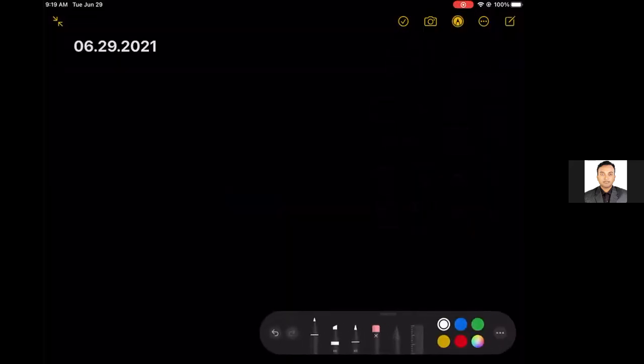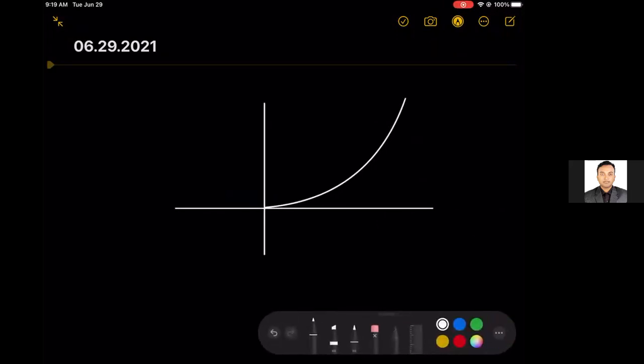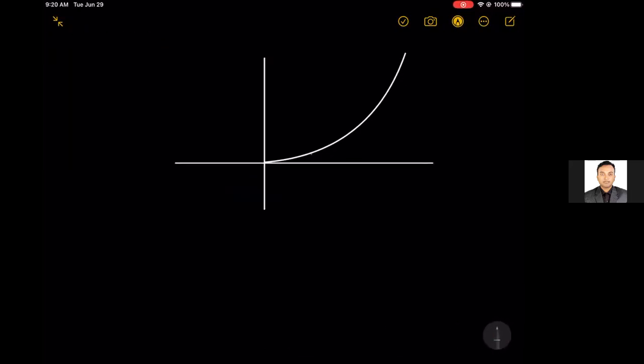Okay, so if you have a curve like this, we can draw, let's say, like this. We can draw rectangles like this to find the area, right?